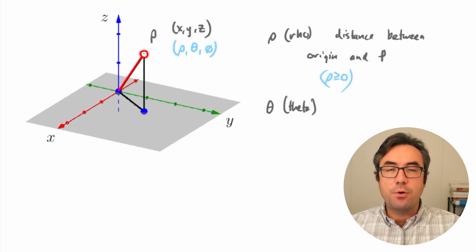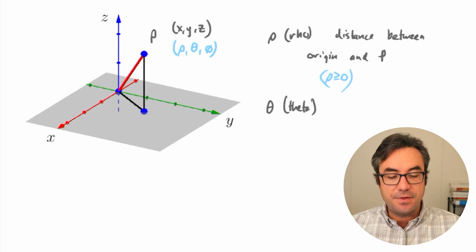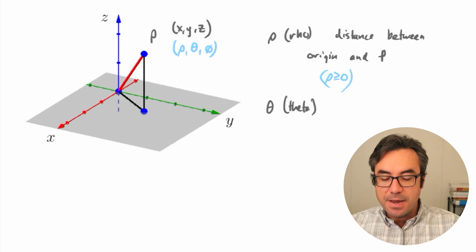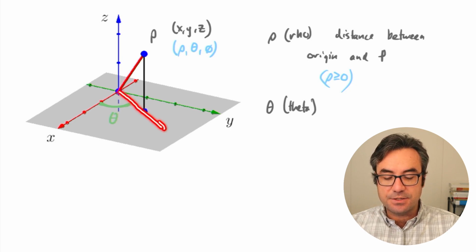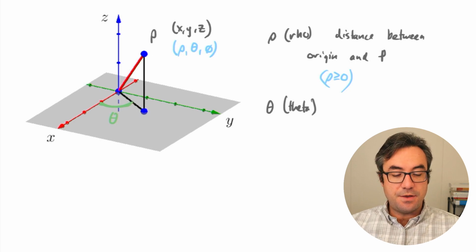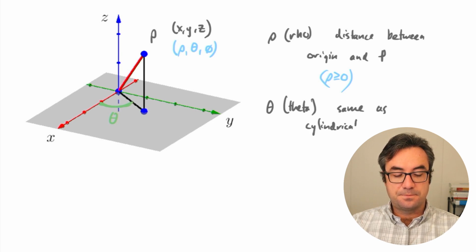If we have our point P and we project that down onto the XY plane, theta measures the angle between that ray, sitting on the XY plane, and our positive x-axis. So the value for theta is the same as what we did in cylindrical coordinates.